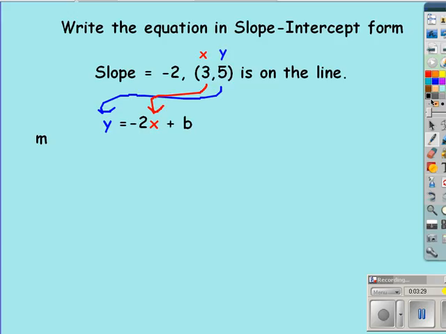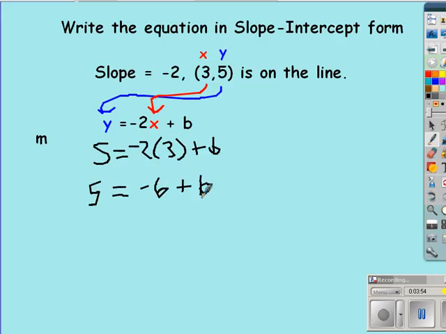They give you 3 out of the 4 pieces of that formula. So instead of y equals negative 2x plus b, I can write 5 equals negative 2 times 3 plus b. I still don't know b, so I'm going to have to solve for b here. First step, negative 2 times 3 will give me negative 6. I've still got my 5 equals negative 6 plus b.